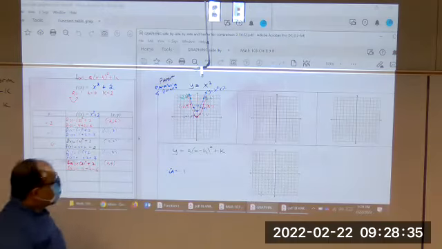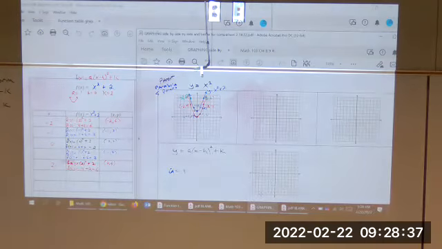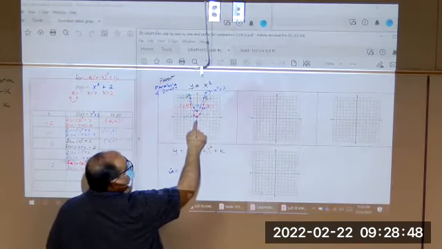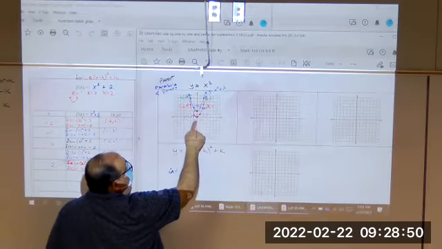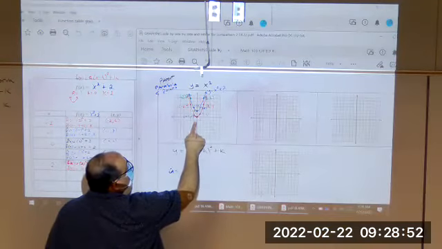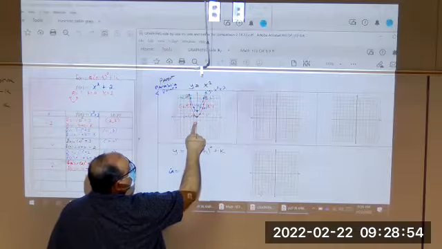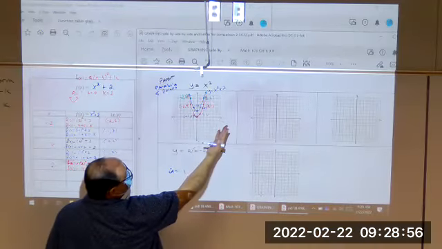And what's the difference between the first one and the second? Our parent graph and what's it equal? It's not on the vertex anymore. What has happened to the vertex? Is it narrower?